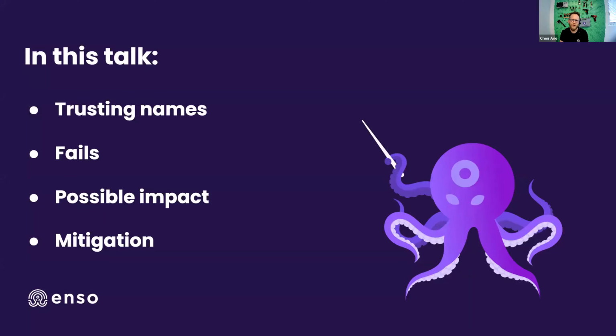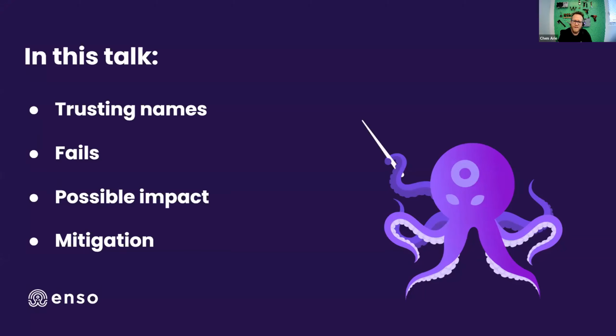So in this talk, what I'm going to cover is a general discussion on why do we trust names so much? How come we establish such a huge trust in names? And then we should discuss a little bit how we should do it. What can fail? What can bring additional risk when we're building on trust on DNS?